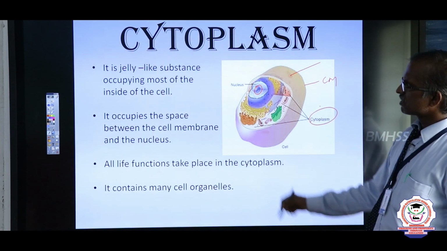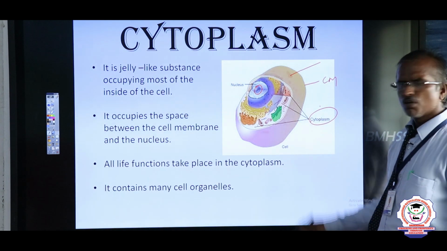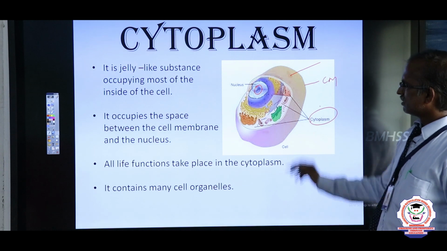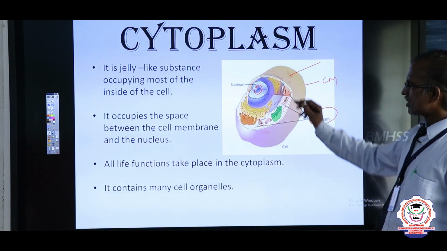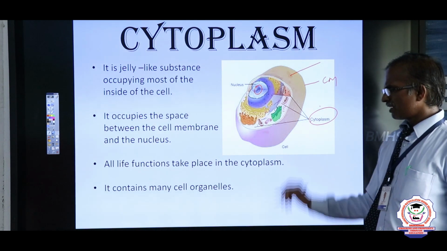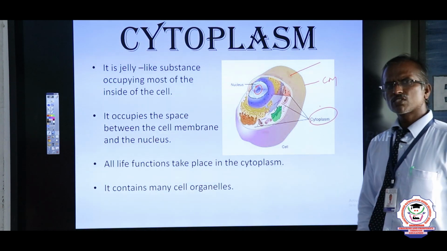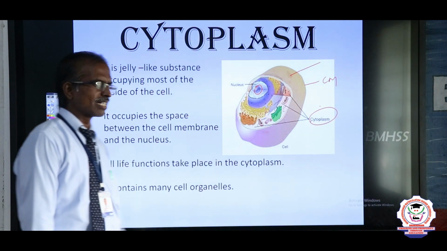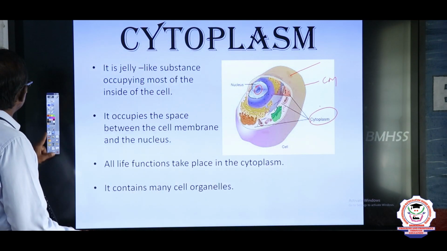The cytoplasm is a jelly-like substance present between the nucleus and the cell membrane inside the cell. All the life functions take place in the cytoplasm. It contains various minute cell organelles.